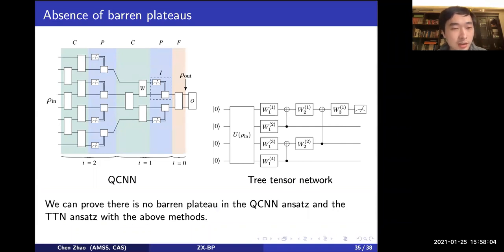And there are some results about ansatz that are trainable. We can prove that in the QCNN ansatz and the tree tensor network ansatz, there is no barren plateau phenomenon, and these two kinds of ansatz are trainable.